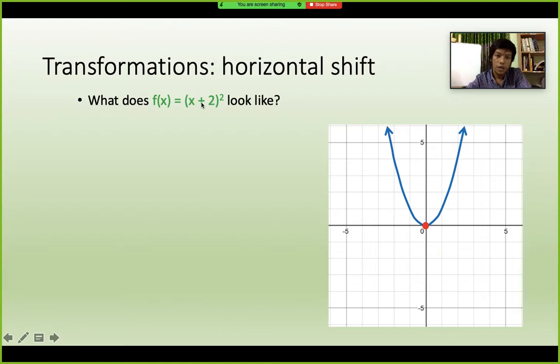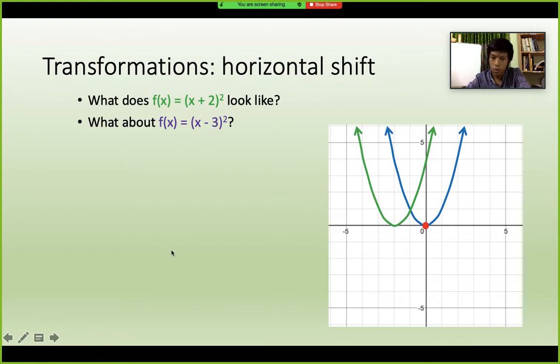And if it is plus 2, then interestingly it will go to the negative 2 point, on the negative side. See, the graph comes here. If it is negative 3, this is the rule, why it happens we will explain here. If it is negative 3, then the graph will go to the positive 3.